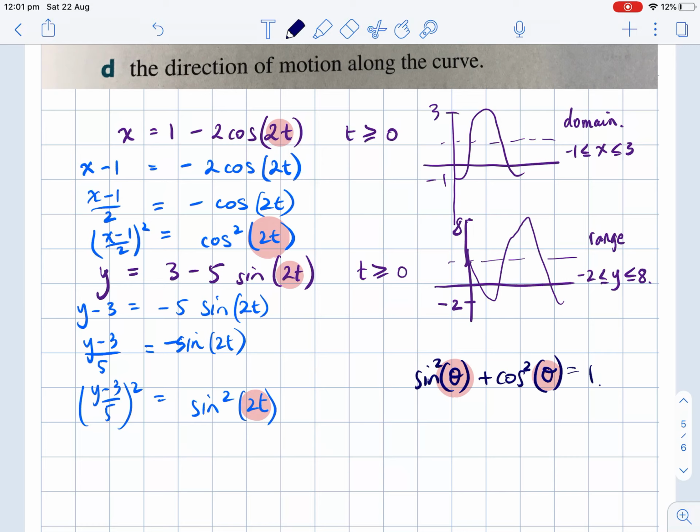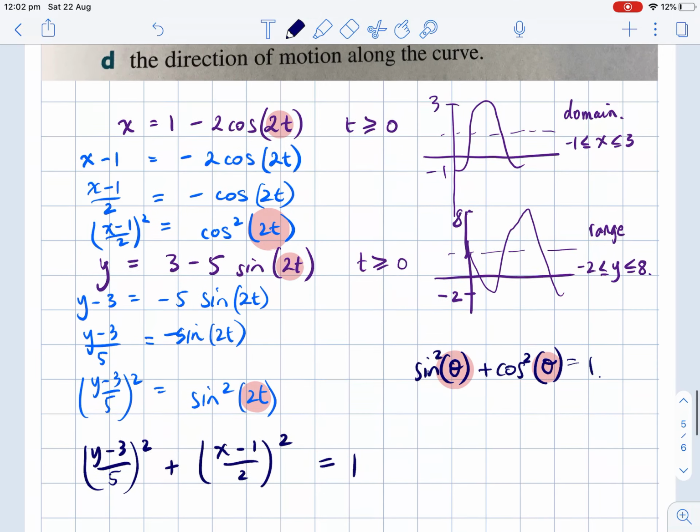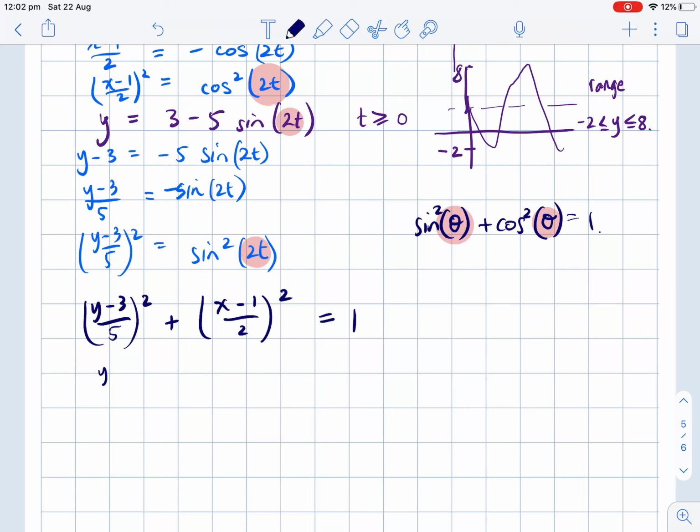So using that, we're going to write that y minus 3 on 5 squared plus x minus 1 on 2 squared is equal to 1. So now I have my Cartesian equation. If you want, not necessary, but I would probably rewrite it like this, just because that's how we normally see the expression for an ellipse.